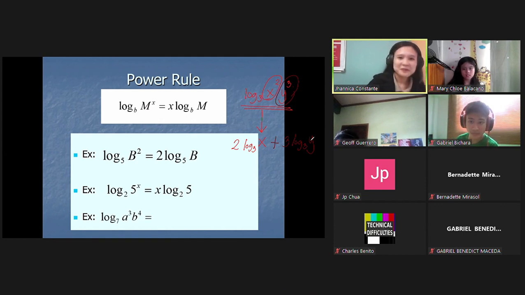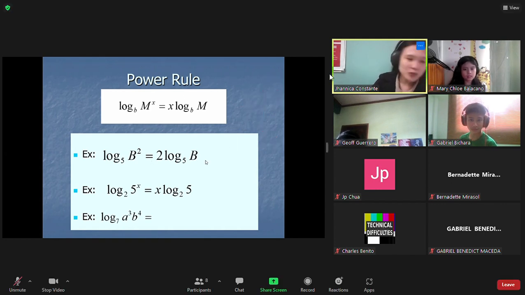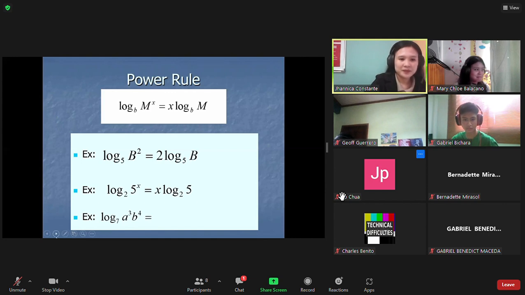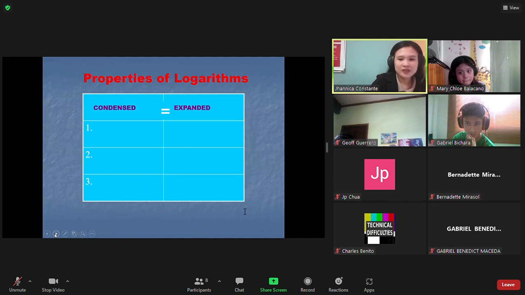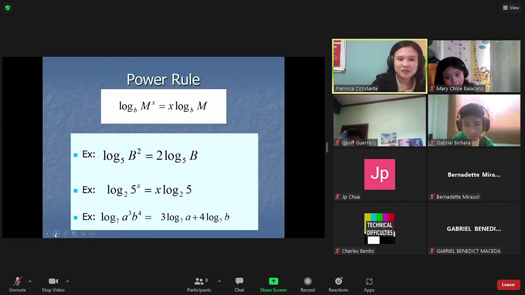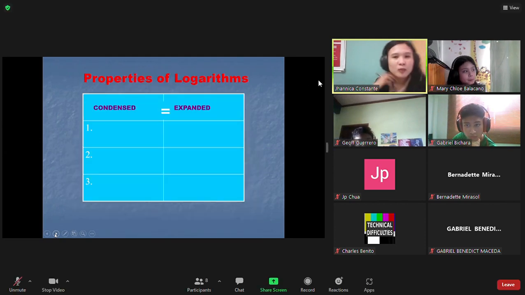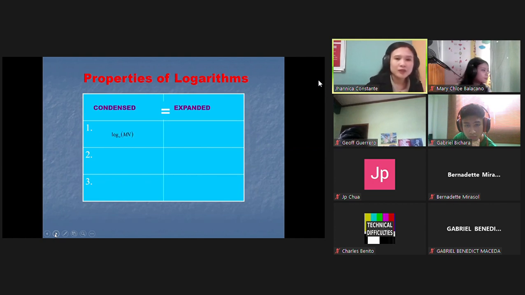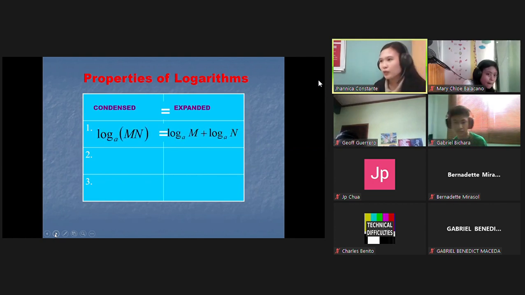So let's proceed with the last properties that we have for the logarithmic function. So, properties of logarithms, we have the product rule.